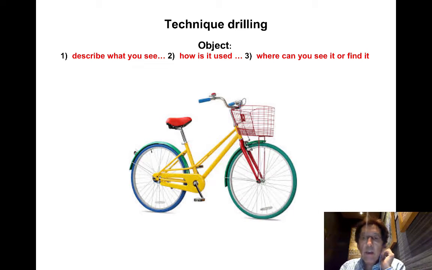Good. Okay. Go to page five, the next page, and go ahead and describe this object. First thing, it is a kind of vehicle with two wheels and one seat. It's not like vehicles such as cars or buses, which have four wheels.